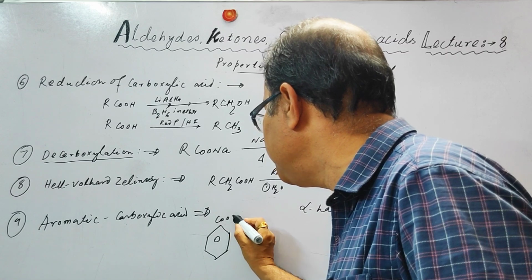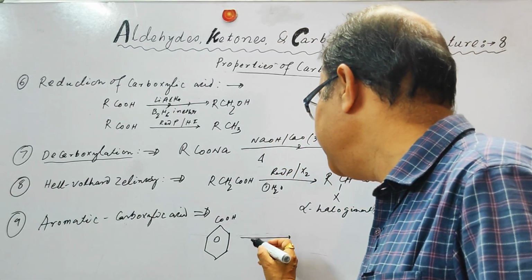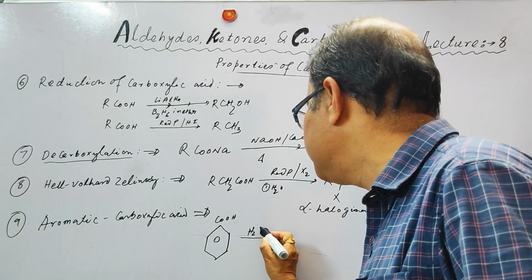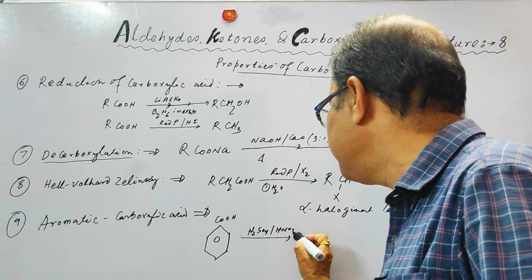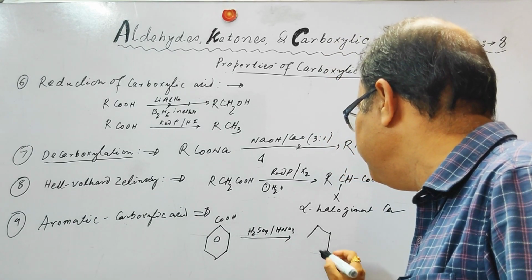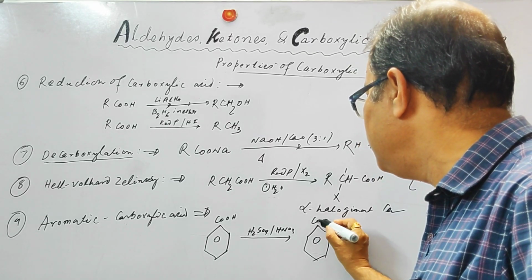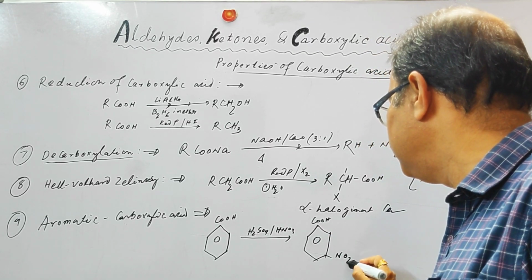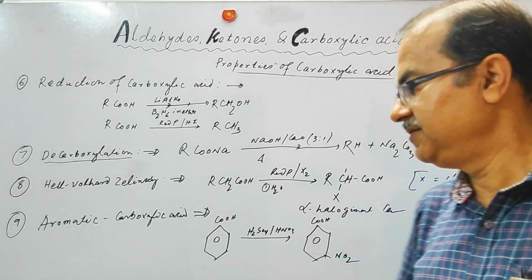When it is halogenated or nitrated with H2SO4 and HNO3, it is going to produce the meta derivatives. At the meta position there will be the nitro group: meta nitrobenzoic acid.